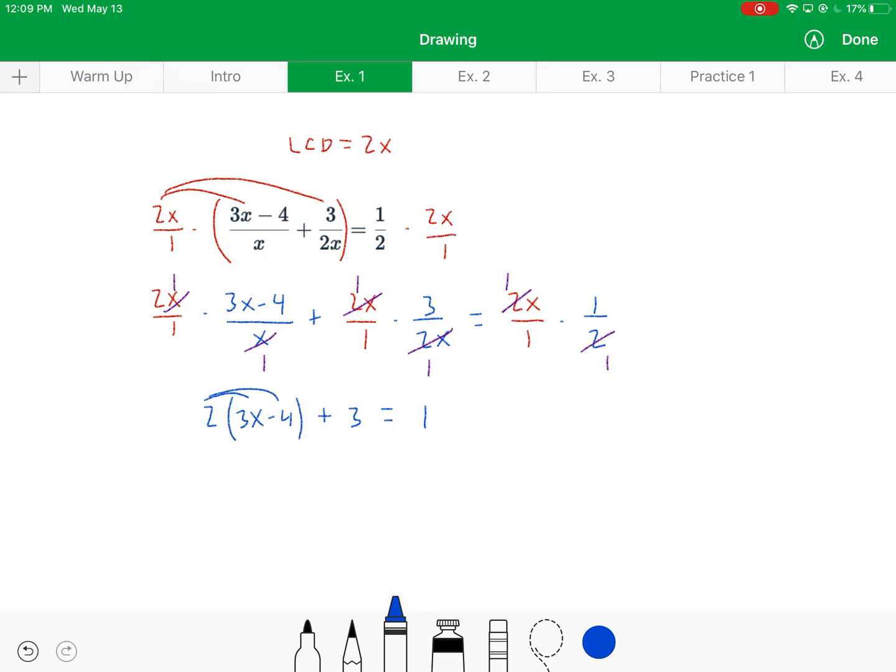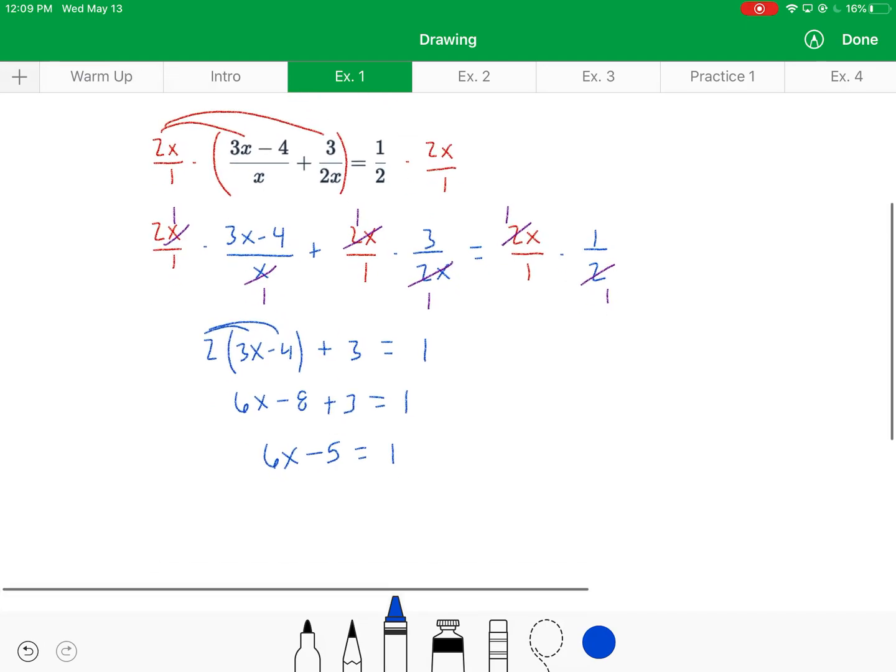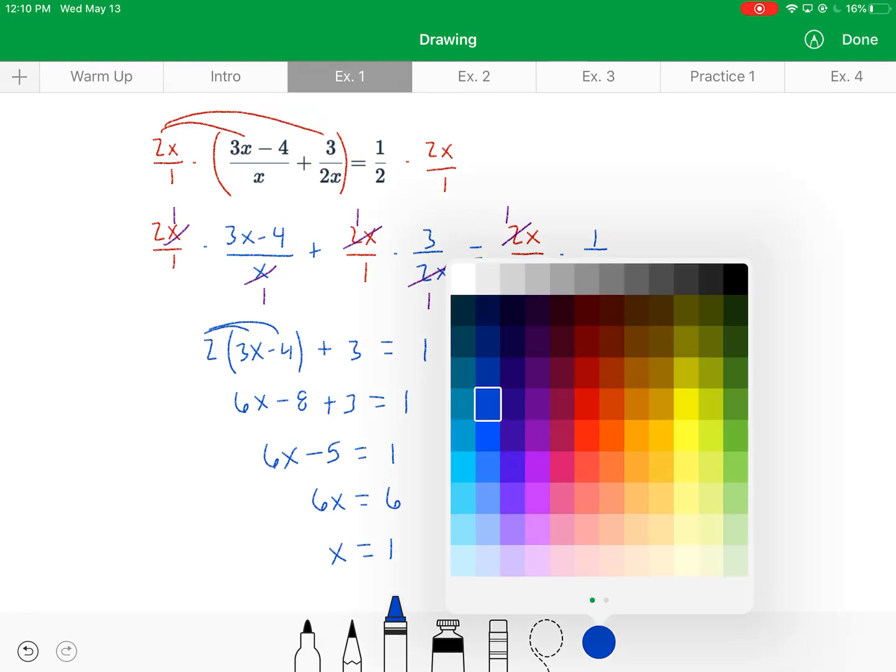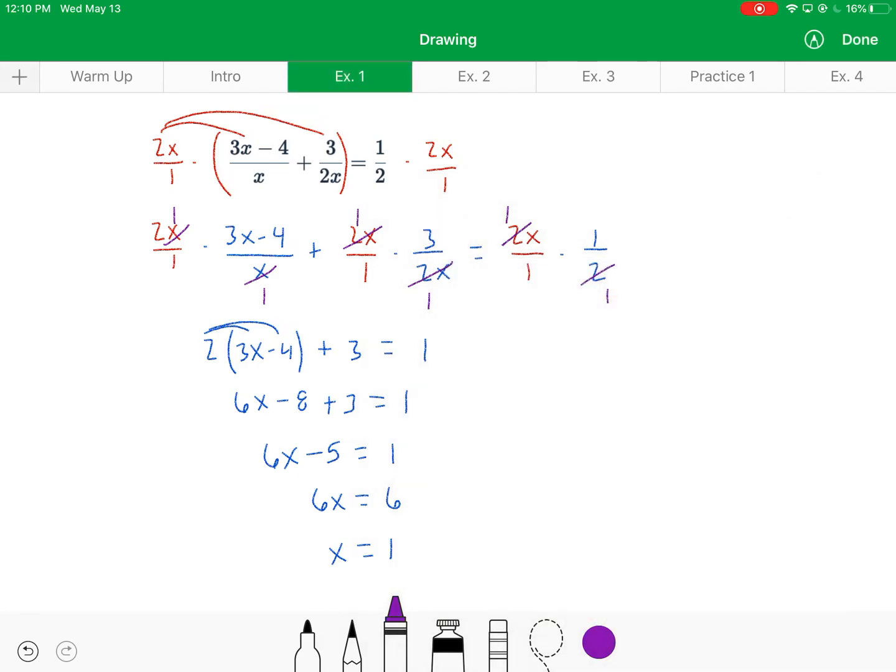So now I'm going to distribute this 2. Combine the negative 8 and the 3. Add 5 over, divide by 6, and I'm ending up with x equals 1. Now, before you circle that as your final answer, just double check. You want to plug it in.